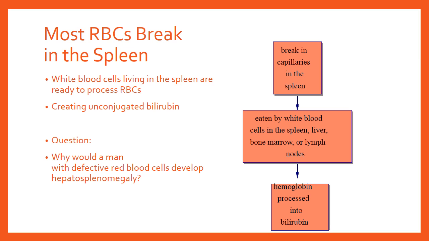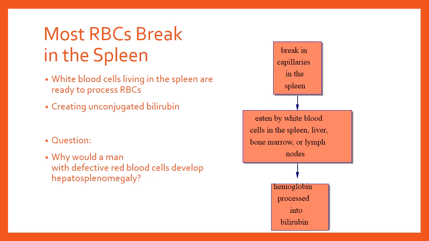In this question, a man with defective red blood cells will develop hepatosplenomegaly because there will be too much to process in the liver and spleen.